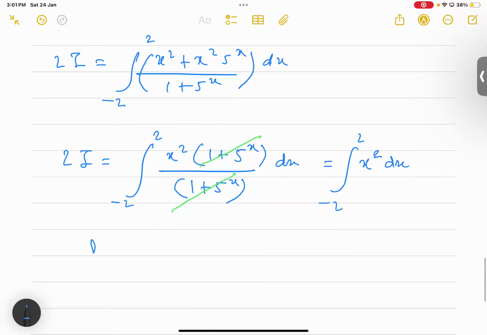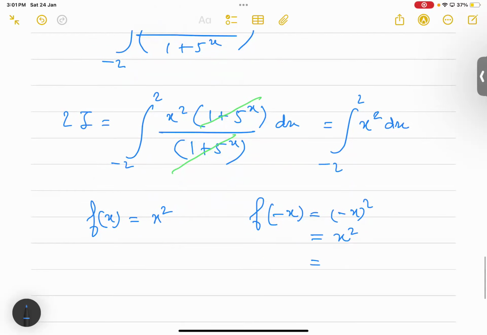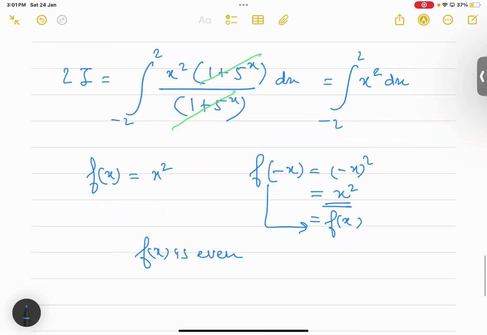What is f of x? Why are we doing even-odd at this point? The limits are minus a to a. Right at the beginning, even-odd didn't work. What is f of minus x? X square. Tell me, what is f of minus x? F of x. When f of minus x is f of x, f of x is even. Now see how the property applies.